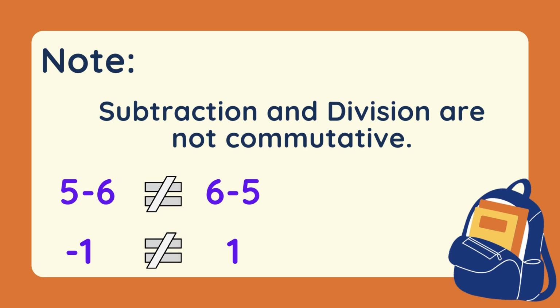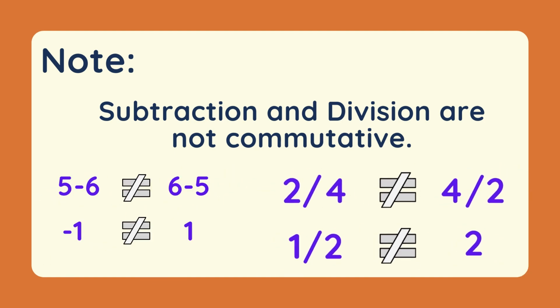Let's try 5 minus 6 and 6 minus 5. 5 minus 6 is equal to negative 1, and 6 minus 5 is equal to 1. As we can see, it is clear that negative 1 is not equal to positive 1. Therefore, we cannot apply the property in subtraction. And in division, this is the common mistake of some learners.